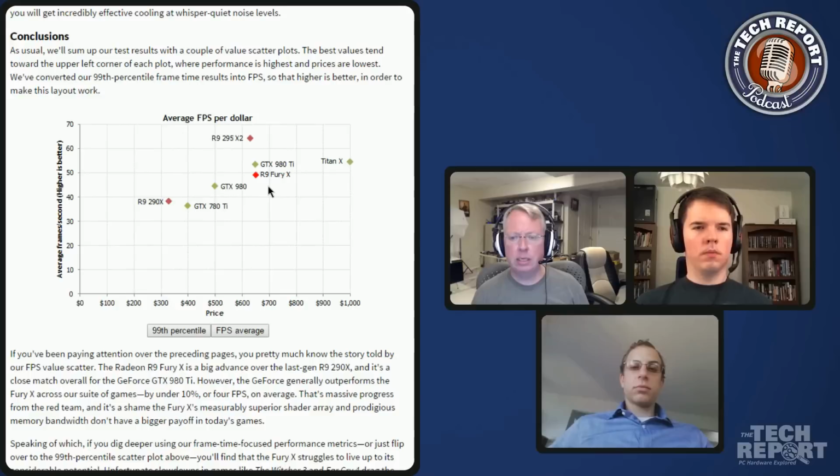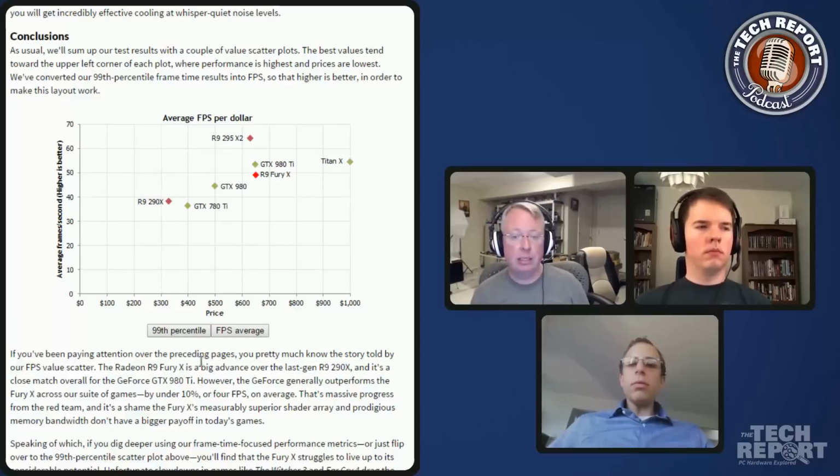It's under 10%, or about 4 frames per second, the way that we do our overall average, that the Fury X trails the GeForce GTX 980 Ti. That is with slightly more power consumption from the Fury X, but a lot less noise. So it's a pretty good picture from that standpoint.